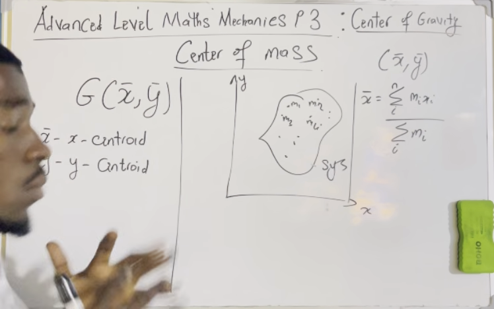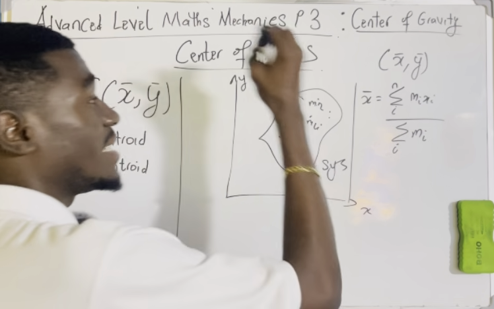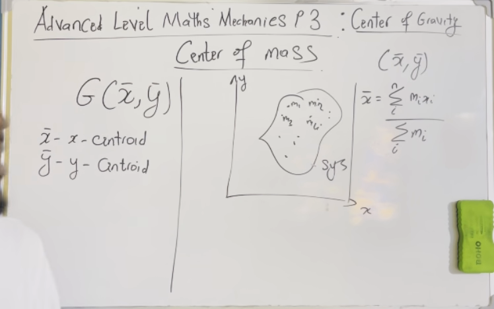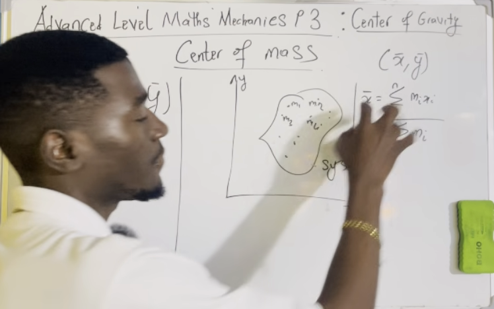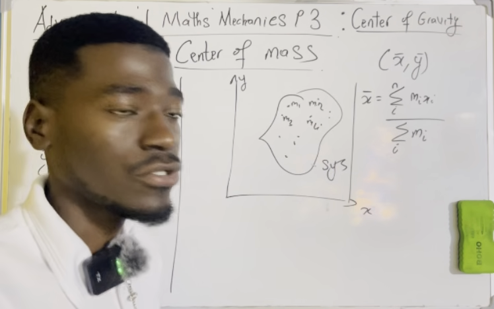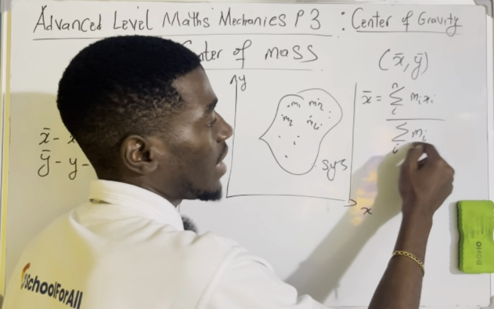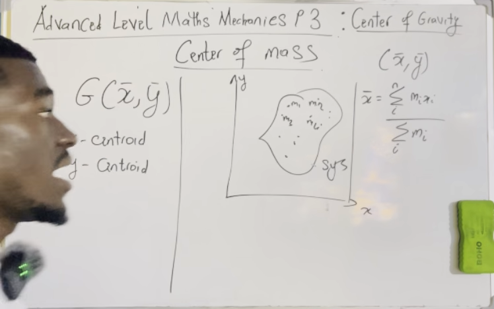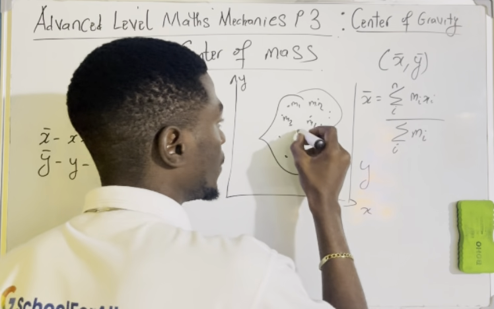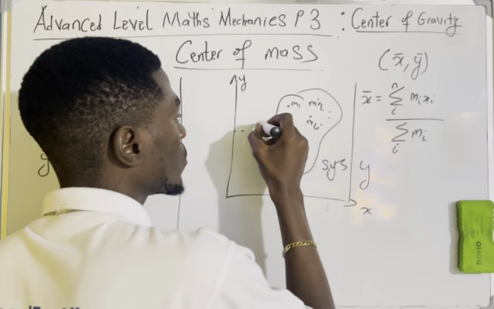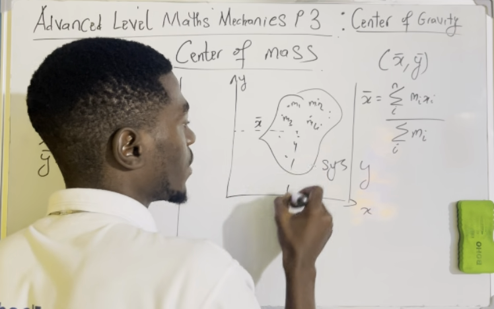Inside the equation, you are given a certain number of masses and their respective coordinates. Therefore, to find the x centroid, this is the formula: sum of mi xi all over the sum of mi, the sum of the masses. And for the y coordinate, so this one is x bar, y bar.